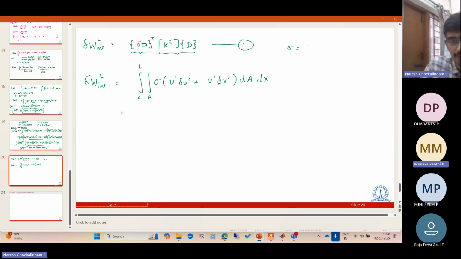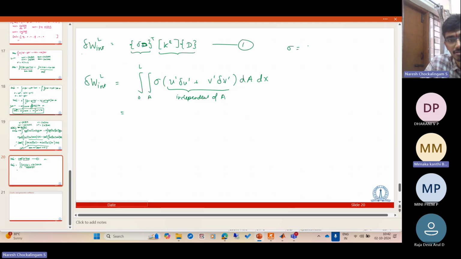And this area you can integrate over the entire area, so you get a sigma A. Or rather, let me do one thing. This part is independent of the area.